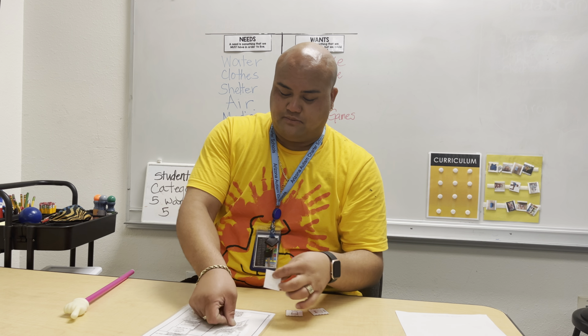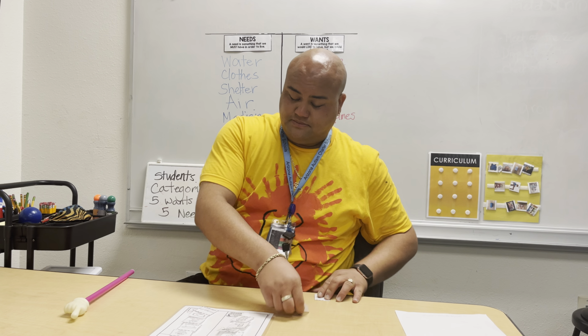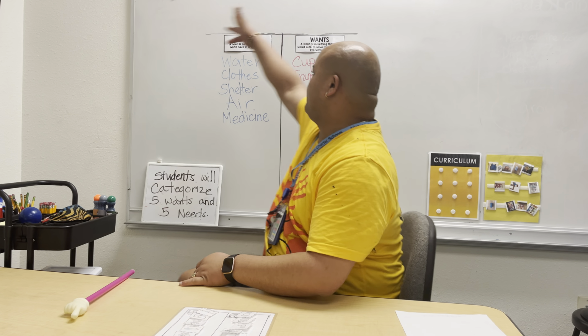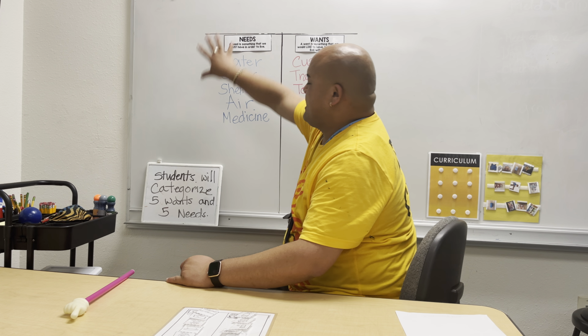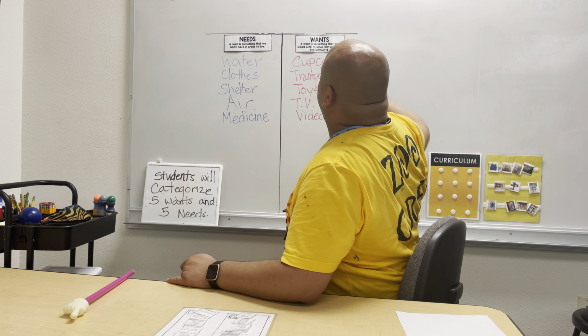All right, awesome. While we're sitting here, before we move on in our lesson, think about the list that we just made. We categorized needs and we categorized wants. Now I want all 3 of you to tell me, what is our learning target for today?